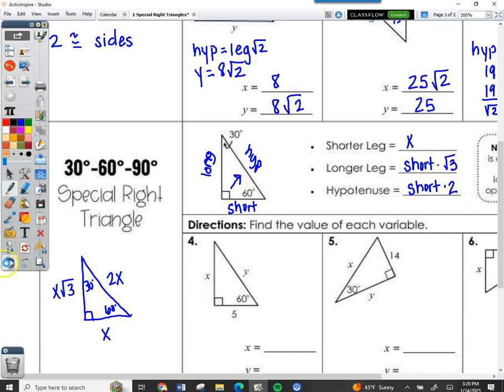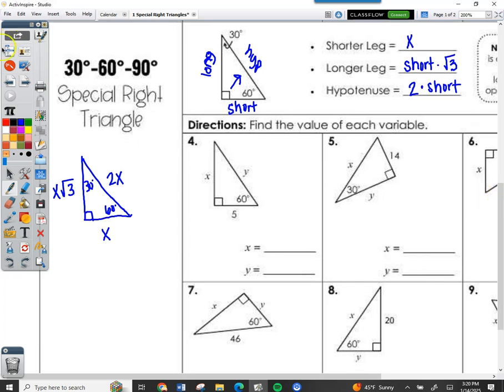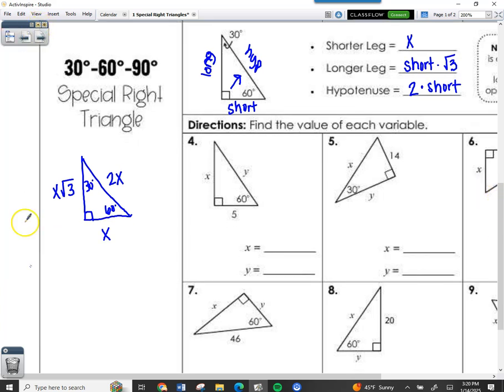I guess I should write it like that because it's 2x. 2 times the short might be better. Now, this is corny, but it works. You might want to write it. If you know the short leg, then it's a short problem.